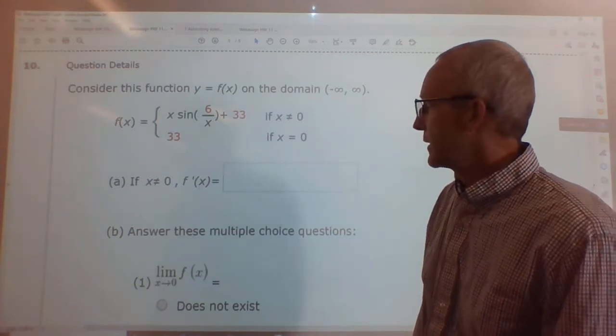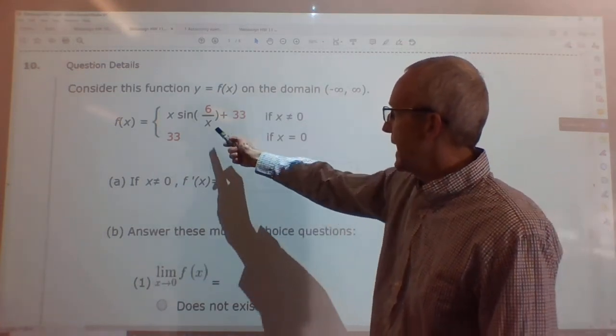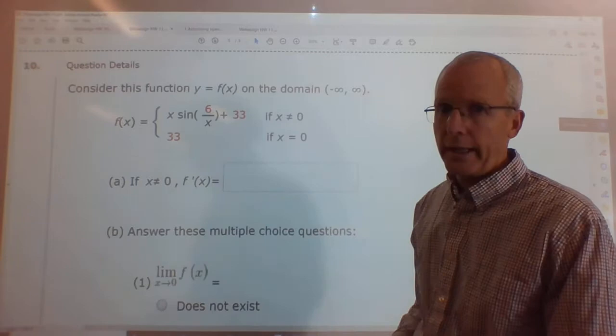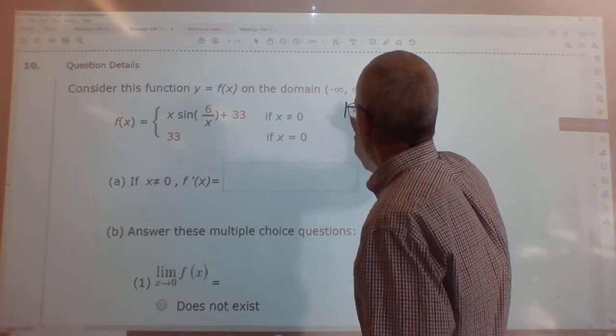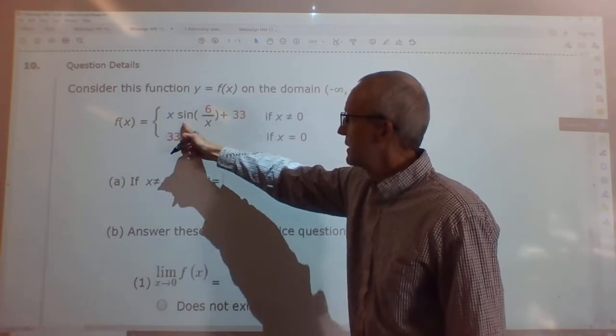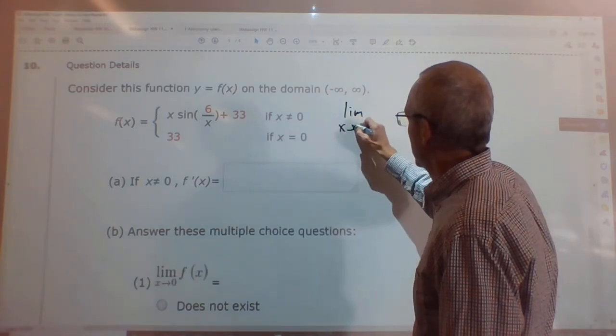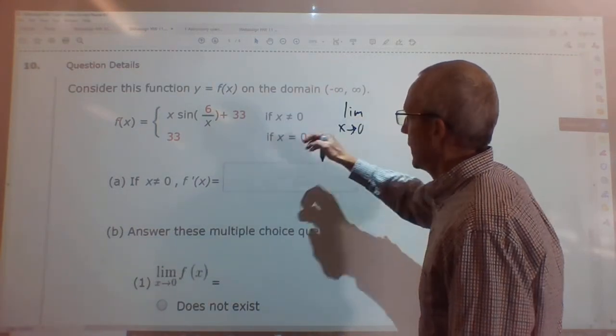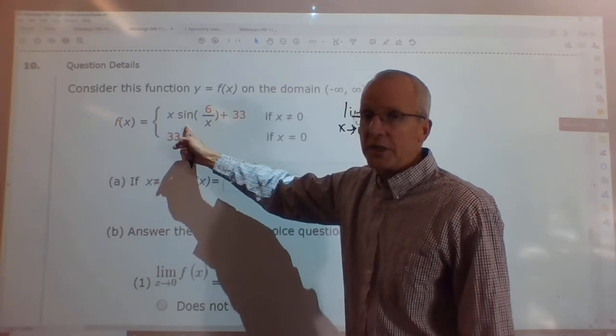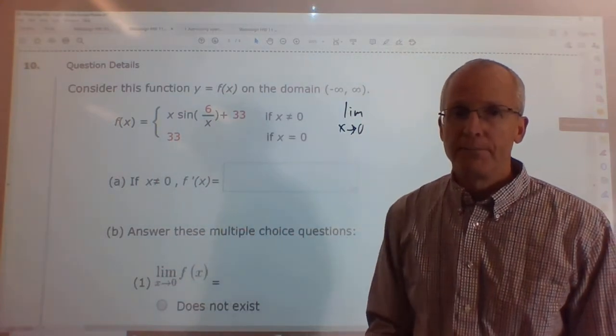Now, here's the deal. As x approaches 0, the limit of this function goes to 33.